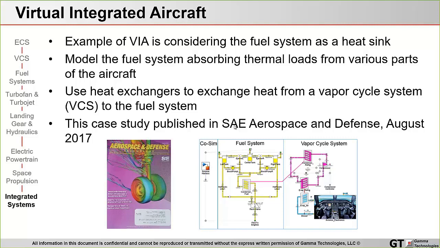In this case, a vapor cycle system was being used to cool down an electronics cooling bay. And the heat that's ultimately generated from these electronics is being transferred from the vapor cycle system and dumped into a fuel system to act as a heat sink from the electronics loads.